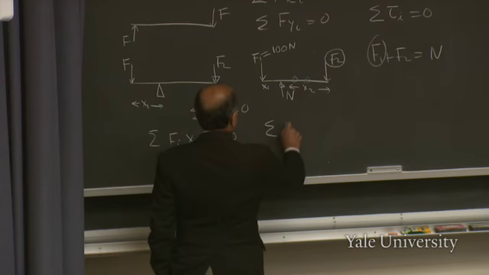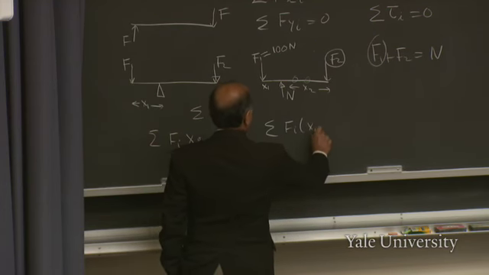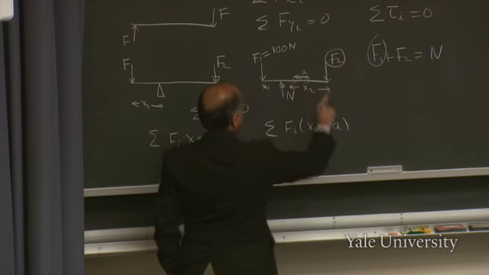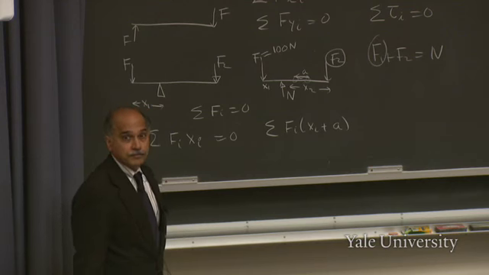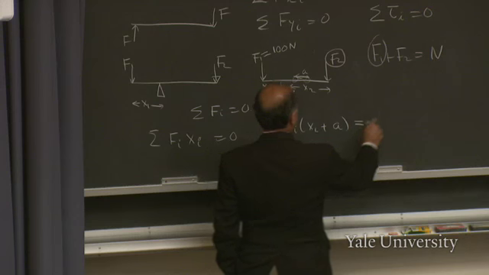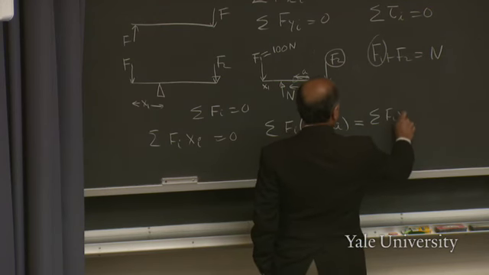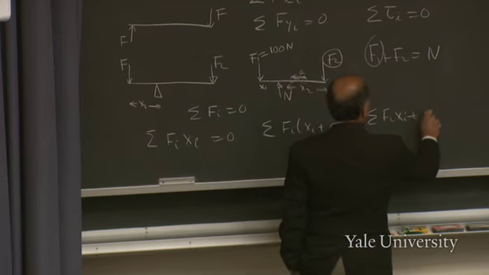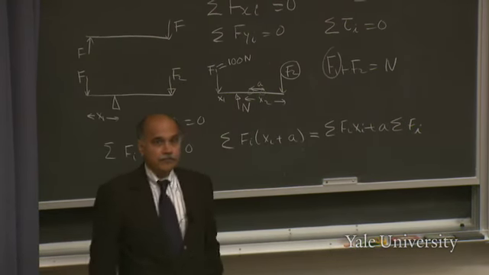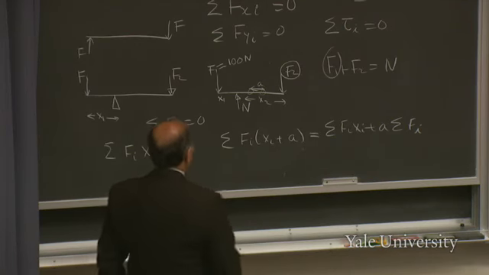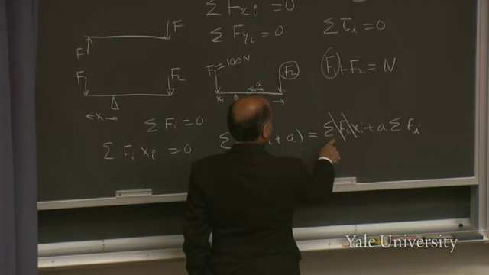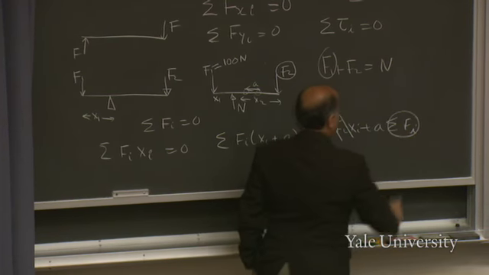What you will be computing will be the same force, but to every xi, you will add a distance a, where a is the distance by which you moved your axis. Now, let's open this out. You will find it is the sum of fi xi plus a times the sum of all the fi's. This is 0 because, for me, the torque around that point vanished. And this is 0 because all the forces add up to 0.